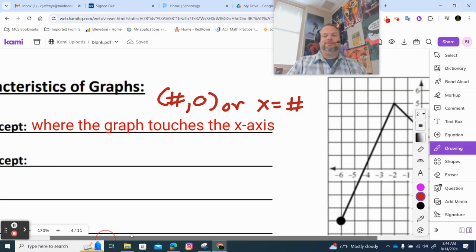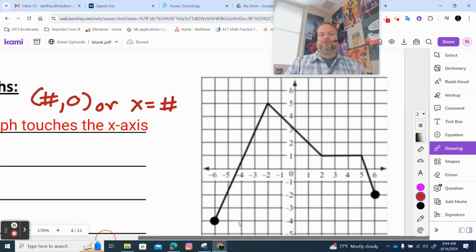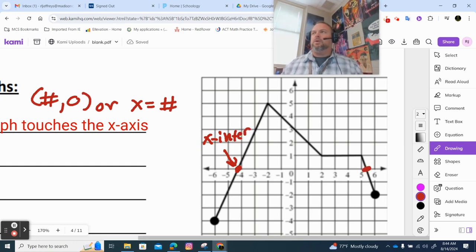Okay, so now this is not really a good thing, but let's just list these. This is an x-intercept. We're not going to do the coordinate points because those would be decimals, but we're just going to say what they would be here.